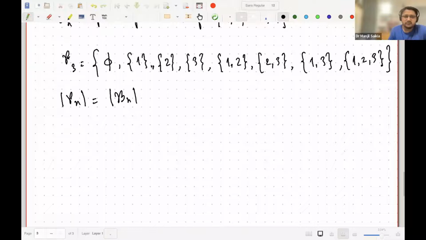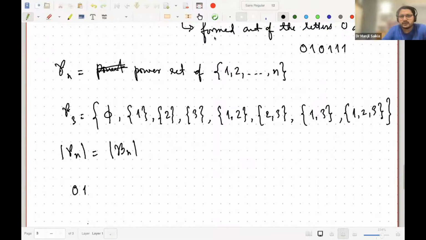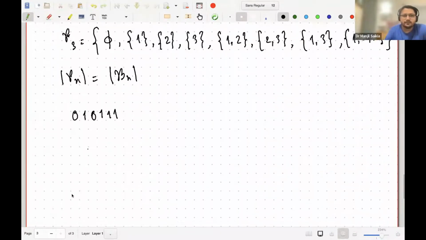So what is that construction? Suppose you have a binary word. Let's take this word which I had written here: 0, 1, 0, 1, 1, 1. So this was my binary word.